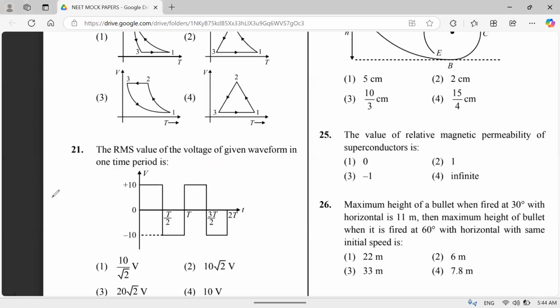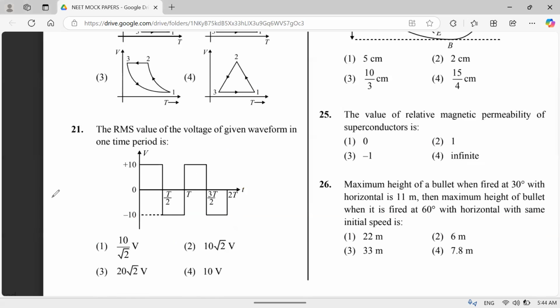Next one. The RMS value of the voltage of the given waveform for one time period will be equal to how much? For one time period means from here to here.